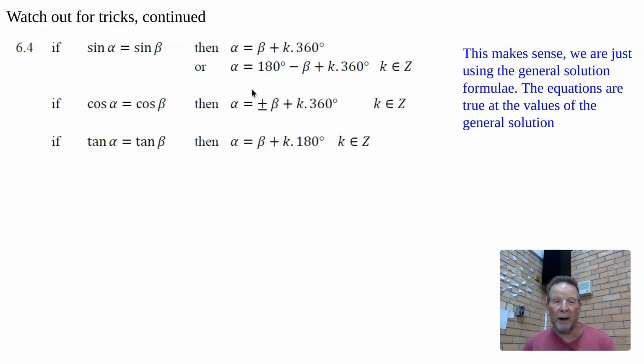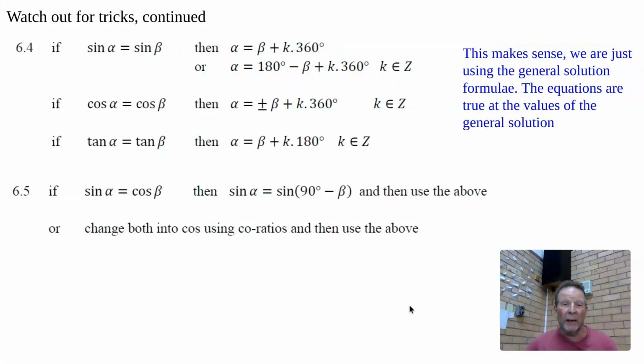Those are all the times where this will be true. And if it's cosine, you can go plus or minus beta. And if it's tangent, the only way this can work is if alpha equals beta, and any 180 degree period from this beta will also give you the right answer.